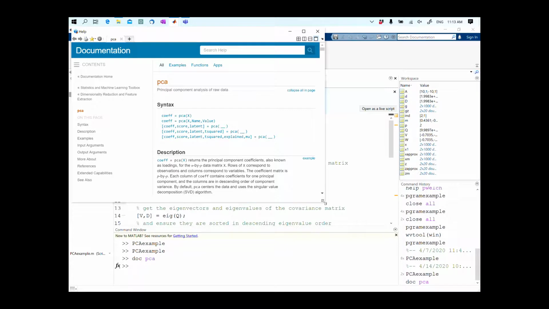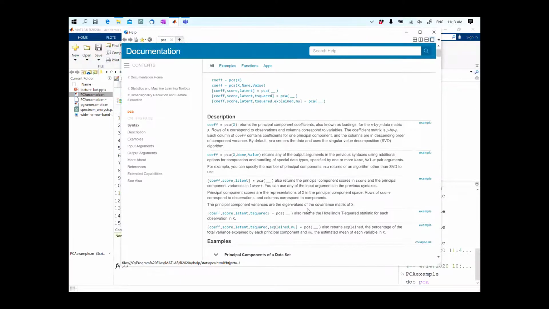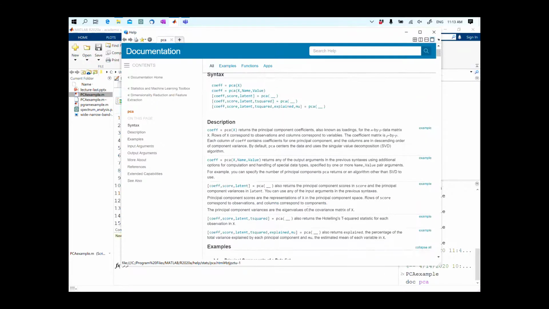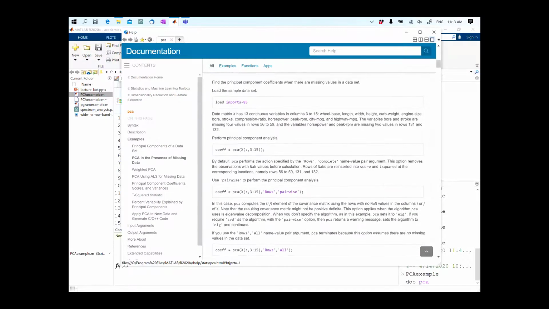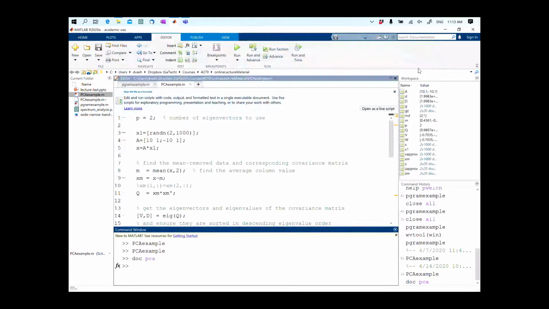Matlab also has a PCA routine built right in, and there are actually several other options that you can do with the Matlab routine, but it's documented here. I personally, especially when learning something new, prefer to do it from first principles so I know what's going on, and then migrate over to the built-in commands. But if you just need to do this as a quick and dirty data analysis, using the PCA command is often a good way to go. Okay, thank you.